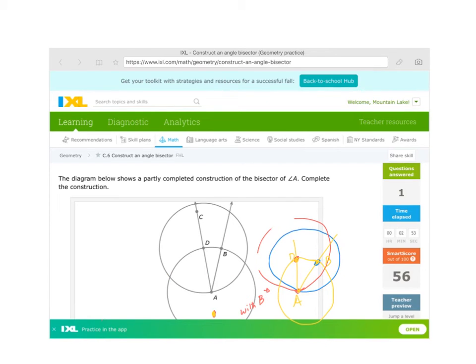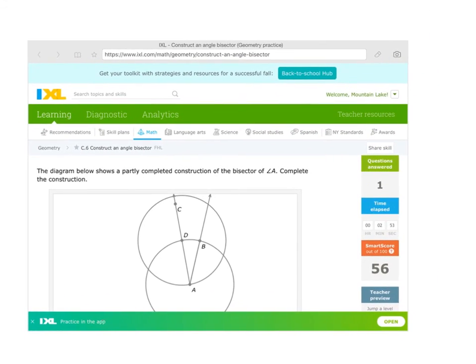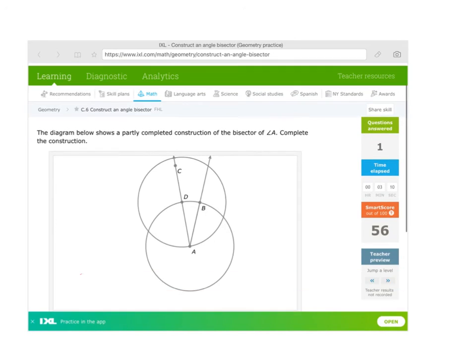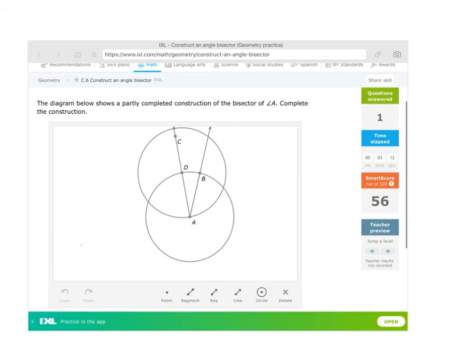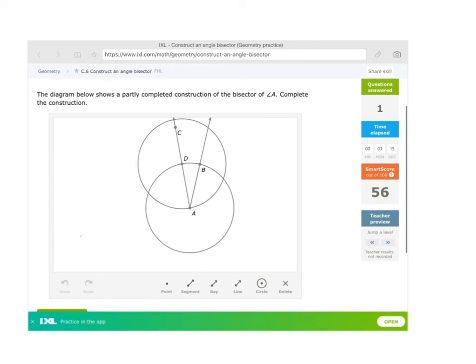Okay, let's find another question to do. The diagram below shows a partly completed construction of the bisector of A. Complete the construction. So we have a couple of circles.